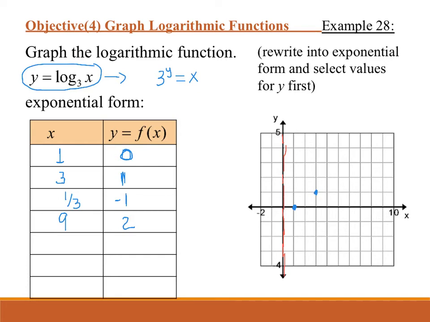When x is 9, we have 2. We also have when x is 1/3, it's down this way, at a minus 1. So this function is getting closer to the asymptote there, but now it's coming in this direction. So here's what our graph looks like for our logarithmic function.